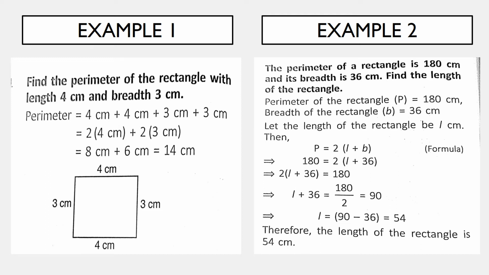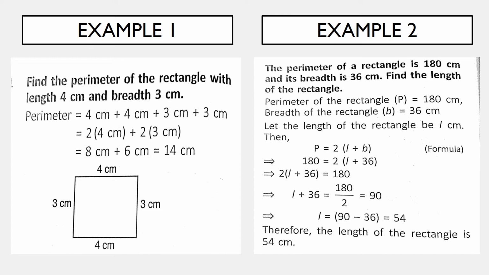So 8 centimeter plus 6 centimeter comes out to be 14 centimeter. Or you can use 2 into (length plus breadth), the formula of perimeter of a rectangle, and you will get 14 centimeter.